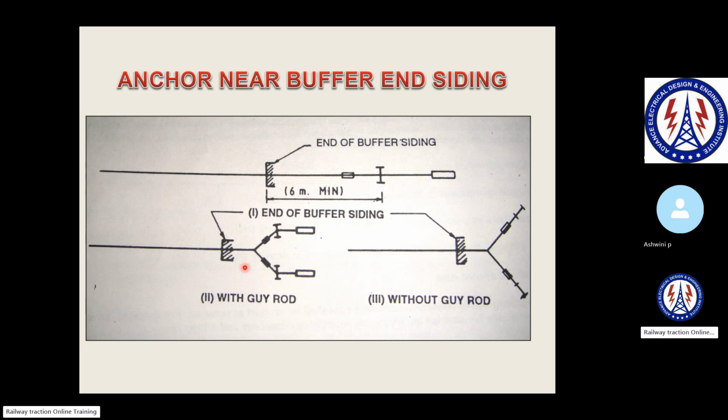So they will have a pole over here and one more, and then they will end the wire. You can see it whenever you go there, how they buffer it, because they will not get the 6 meters. So they will just put a pole for this anchoring, without a guy rod.